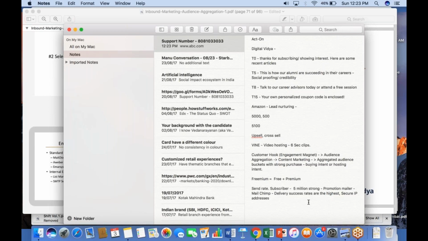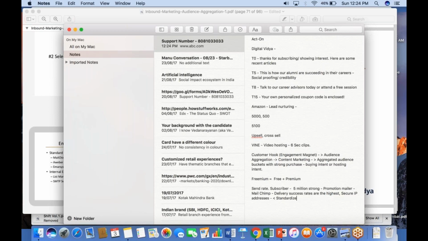The mail servers have their own set of rules to determine whether this email is spam or it's credible. So obviously, the number of secure IP addresses, the security of the IP addresses, or the credibility of the sender's IP address plays a huge part in determining whether the recipient inbox classifies the mail as spam or something which is credible. So in that sense, MailChimp offers enormous delivery success rates if you are selling, say, standardized products. And if you have a huge subscriber base, MailChimp is something which you should certainly use.